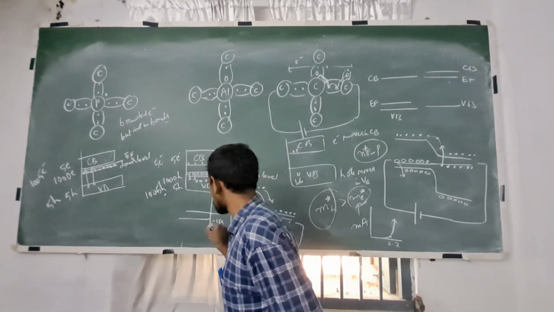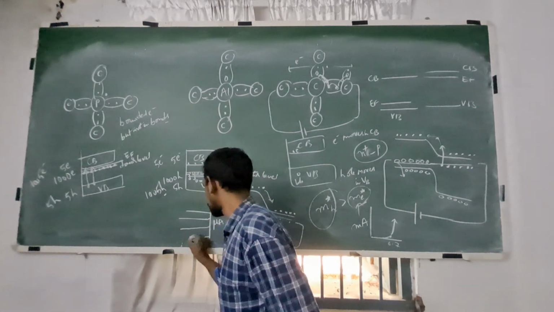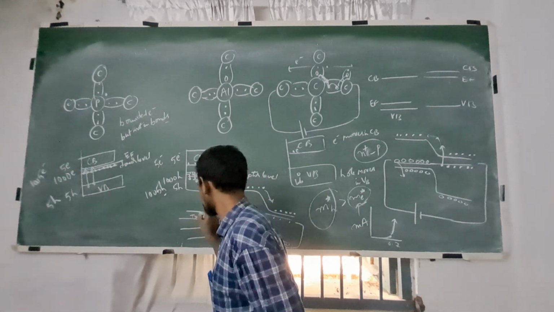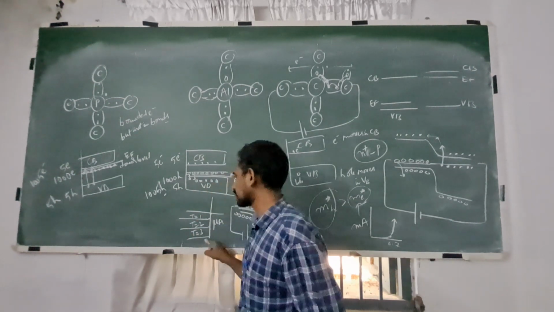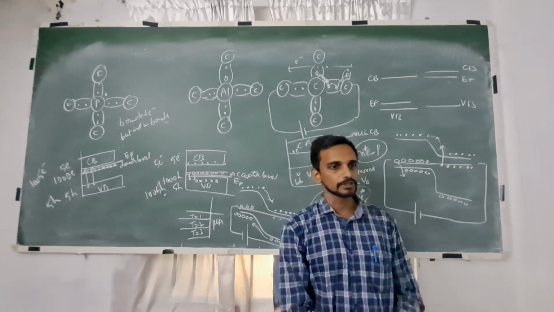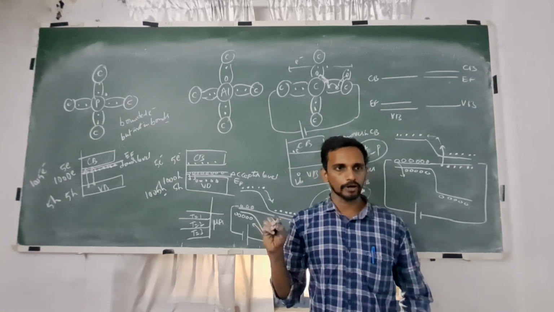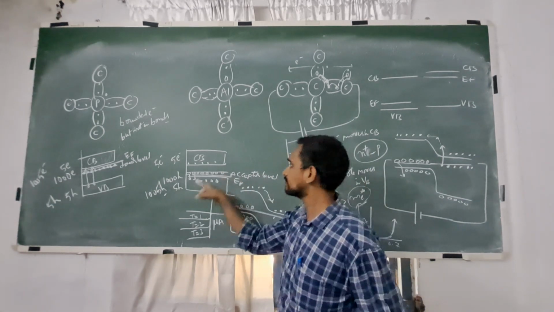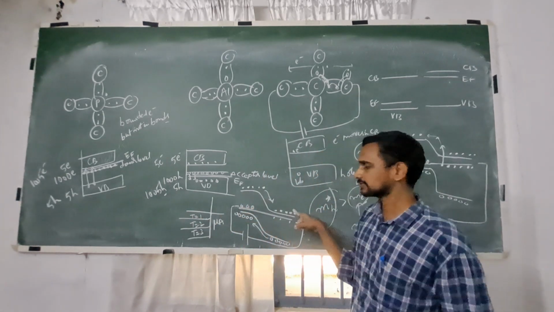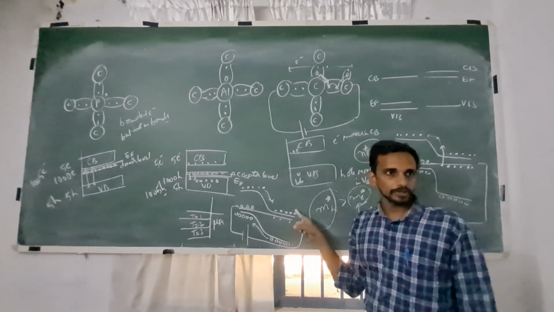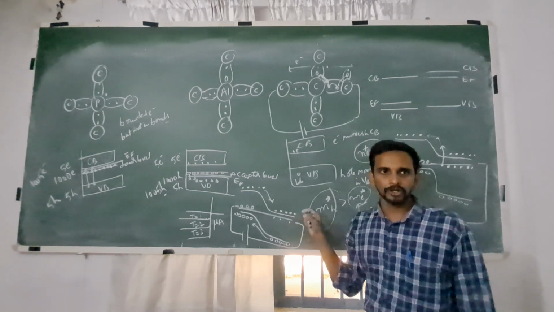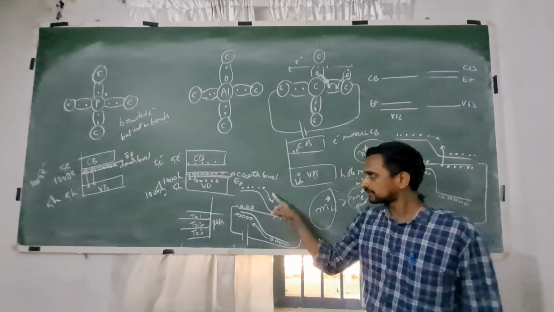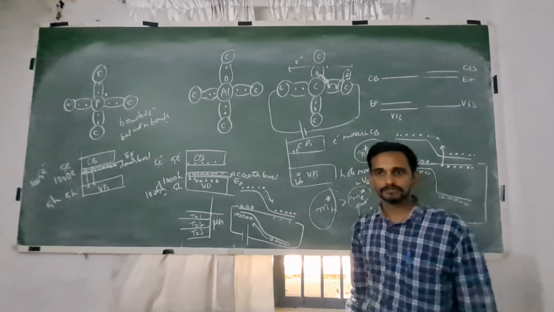This current is purely dependent upon temperature and remains independent of the applied voltage. Whether we apply 1 volt or 0.1, all these carriers will simply come out. You don't need to give any extra energy. Even if you give 0.001 volt, these carriers will come out of the material.